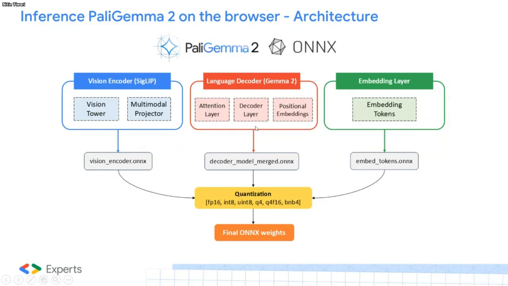So the Gemma 2 model had attention layers, the decoder layer, and the positional embeddings. Positional embeddings, I can explain quickly. For example, for the sentence, I love dogs. I is a token, love is a token, dogs is a token. What if I use the same tokens but in a different order?